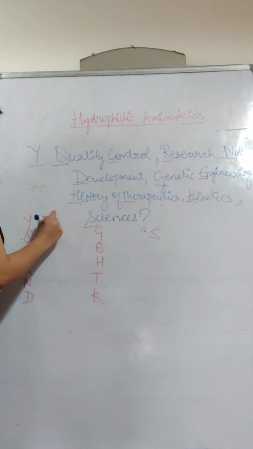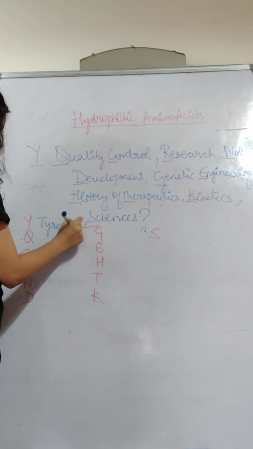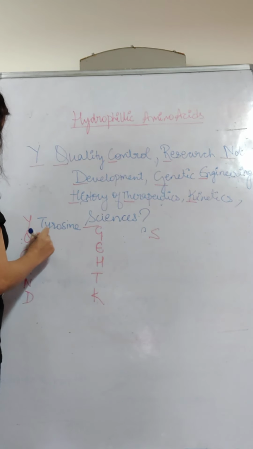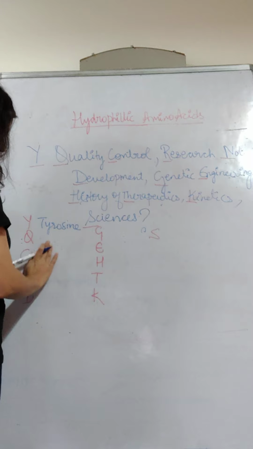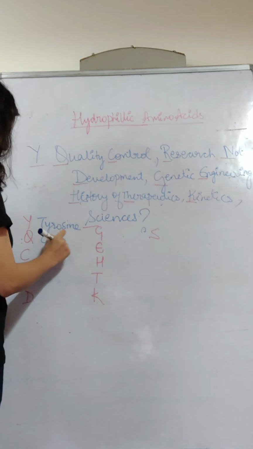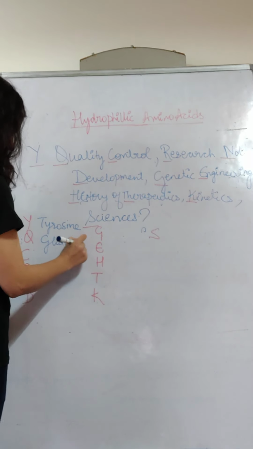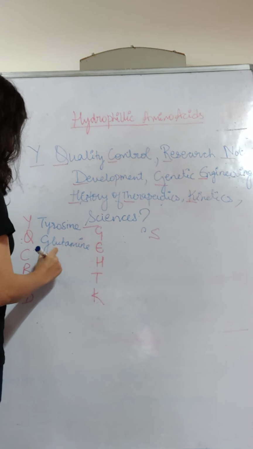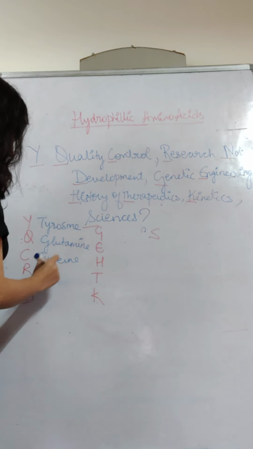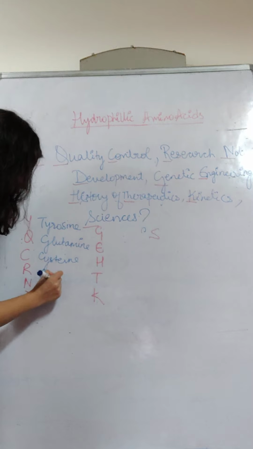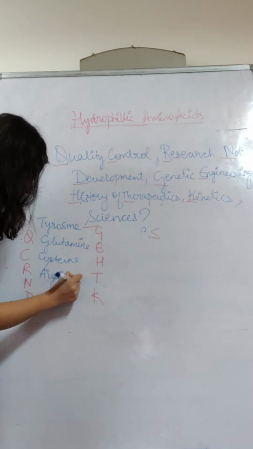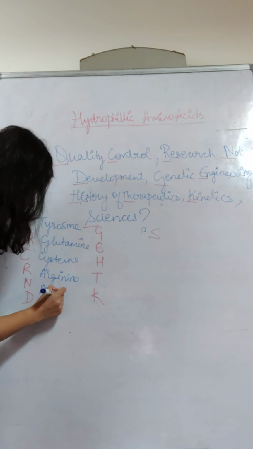Y is for tyrosine. Q is for glutamine. C is for cysteine. R is for arginine. N is for asparagine.